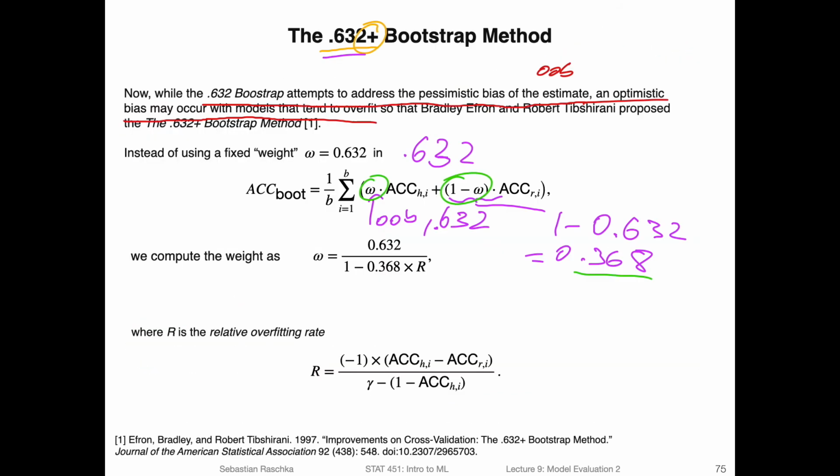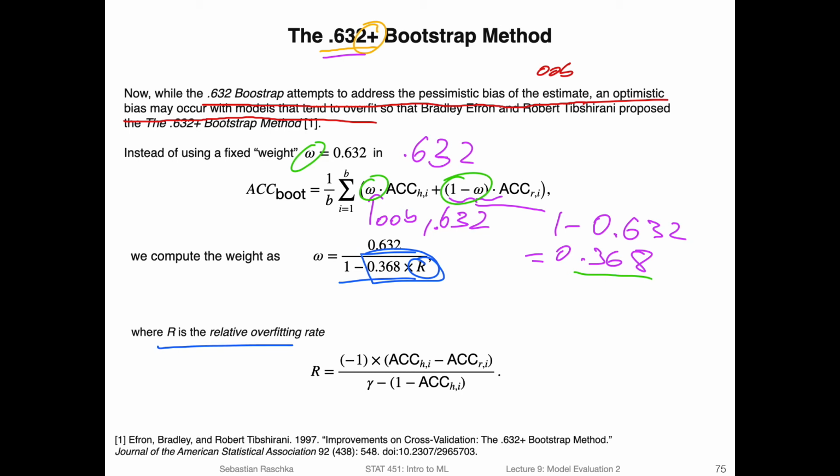Now we just use omega like a flexible weight, and this is computed as follows. So how do we compute this? This one is computed by taking the 0.632 and dividing it by 1 minus the other value, 0.368 times R. So what is R?